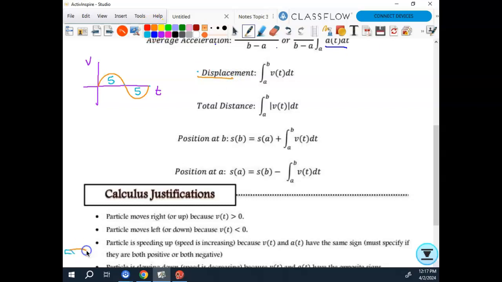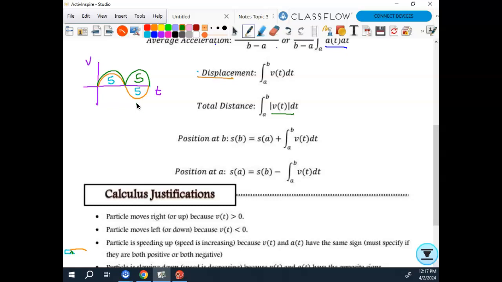If, though, I went to the right 5 and then I took the absolute value, made that 5, right? So instead of this being negative, it's now positive. So if I move to the right 5 and then back to the left 5, I actually moved 10. I walked 10 feet. Like I get credit for that on my watch, right? That's how many steps I took, even though I didn't really go anywhere because I'm back in the same spot.